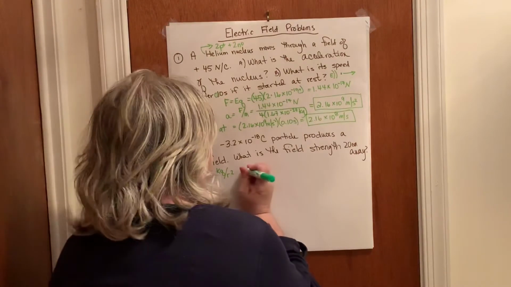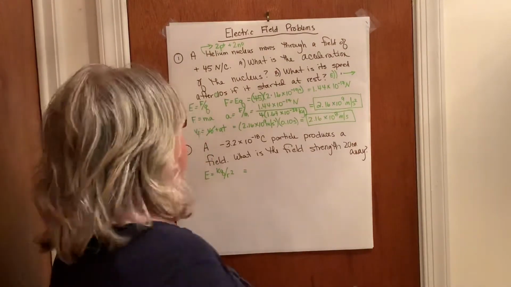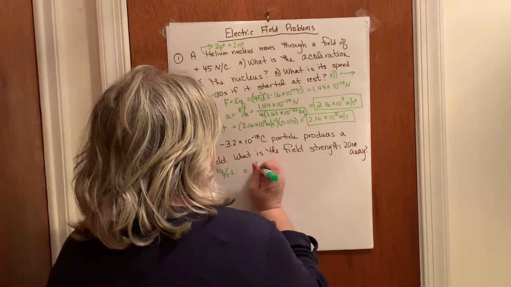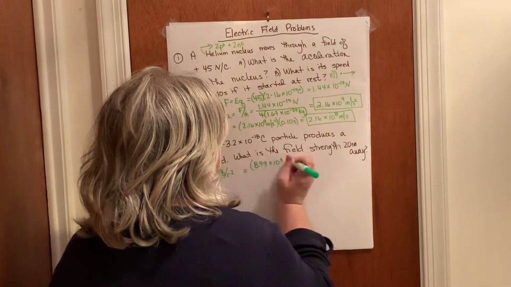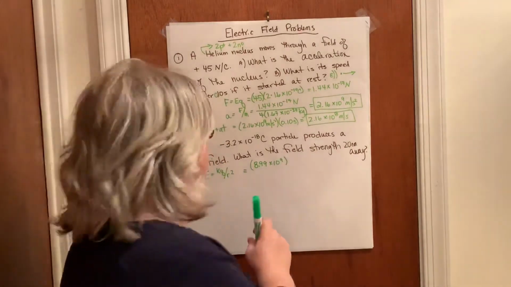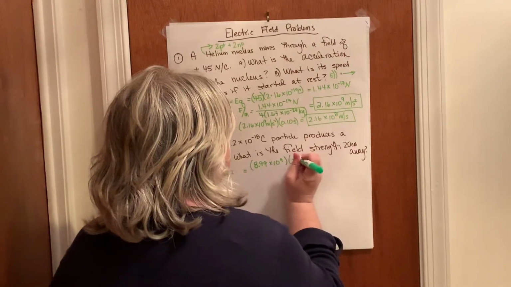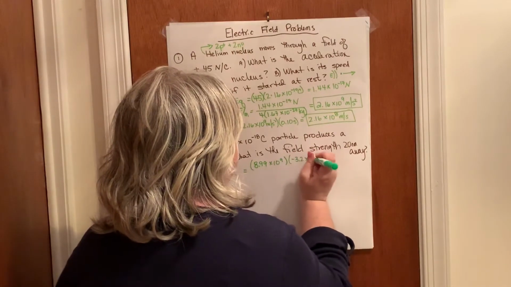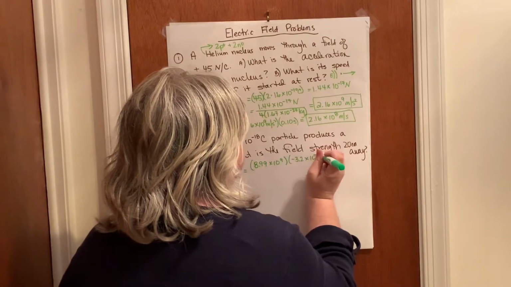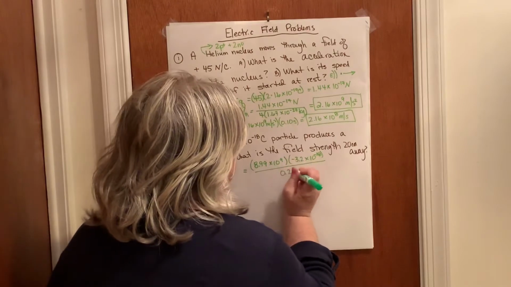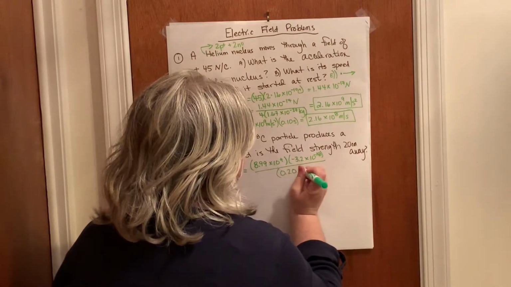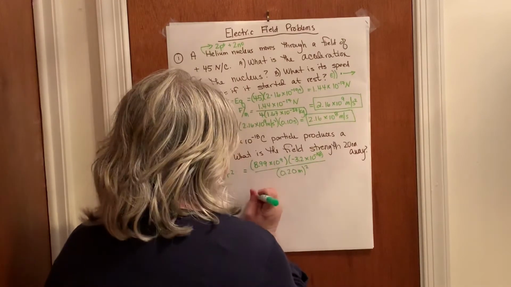So all I have to do is plug in k, 8.99 times 10 to the 9th, our Coulomb's constant, times negative 3.2 times 10 to the negative 18th, all over 0.2 meters squared.